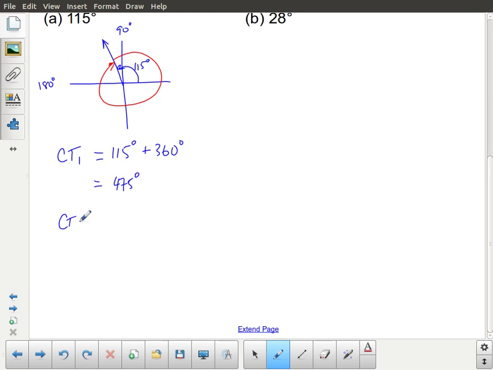And coterminal angle number 2 is going to be 115 minus 360 degrees, which is going to be equal to negative 245 degrees.